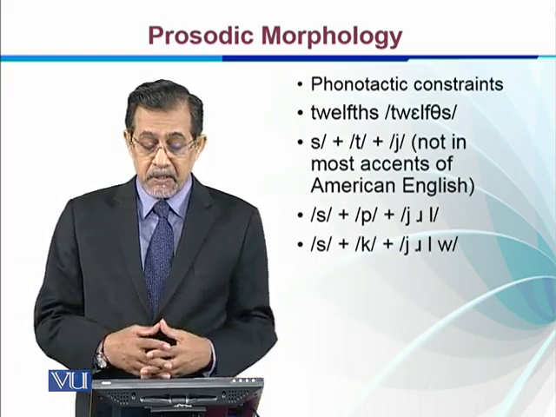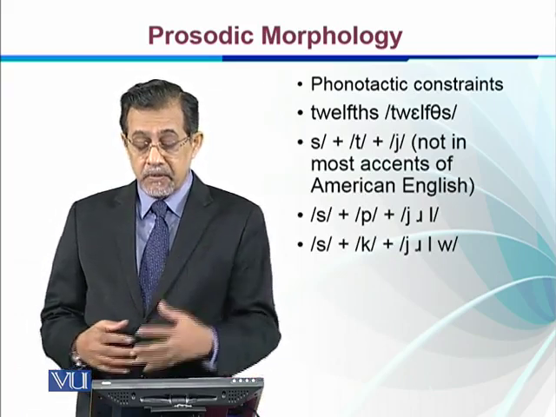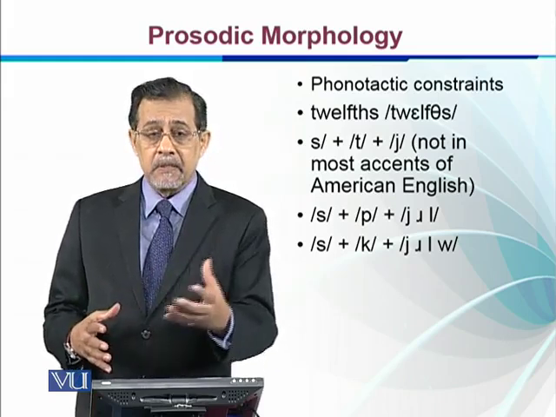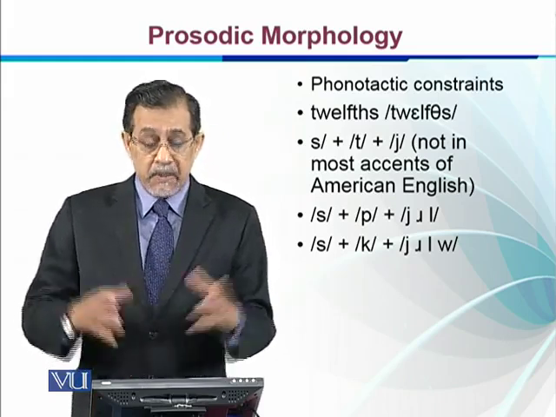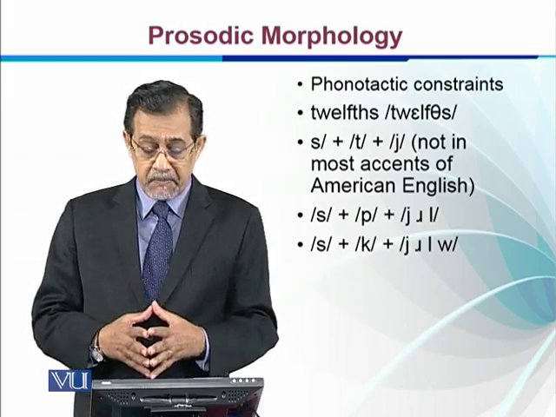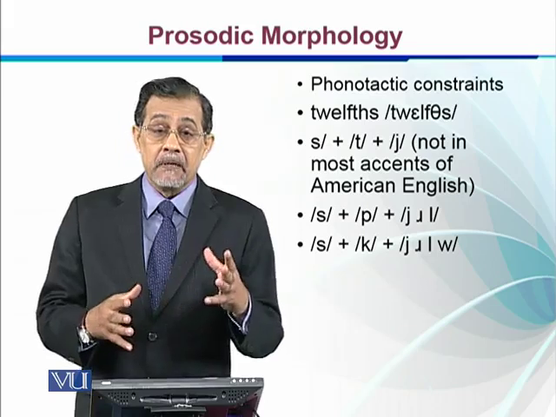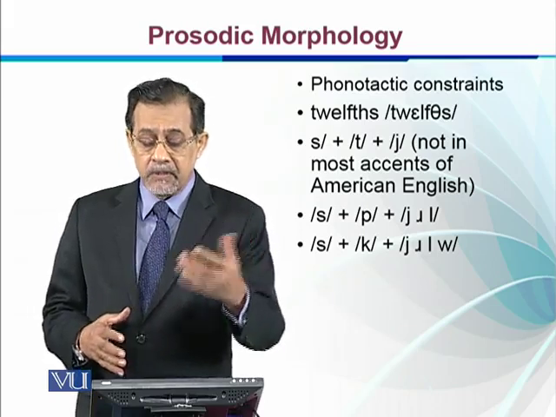For example, stew, student. We can have the combination of t plus y, but it's not found in most American accents, though it is found in RP or British accent, student.